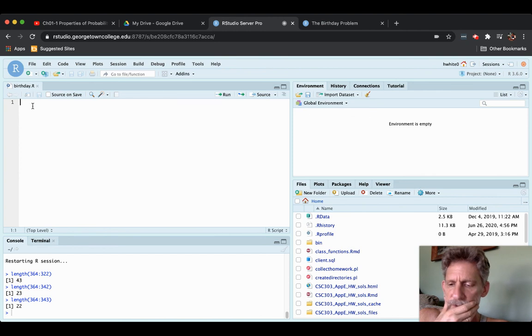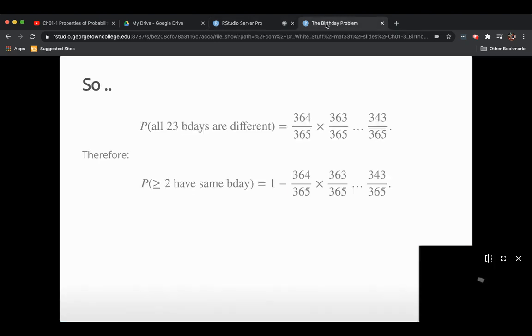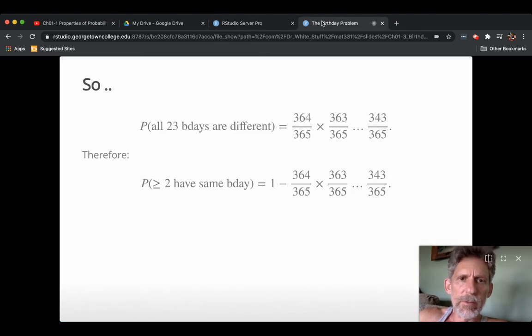Let's do this computation. So I need 1 minus the product of all the numbers from 364 down to 343. Yeah, those were the numerators.